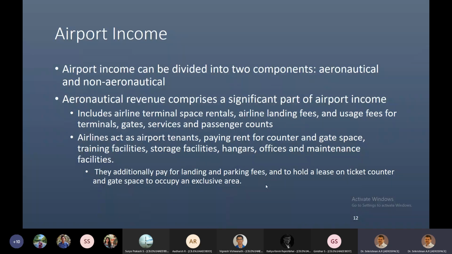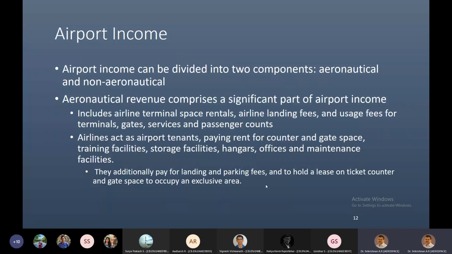And when we say space, that includes the gate space, the counter, other facilities at the airport, the hangars, the offices that they occupy for their staff within the airport, and the maintenance facilities. All these fall under aeronautical revenue, that is, all these rentals and the associated charges.